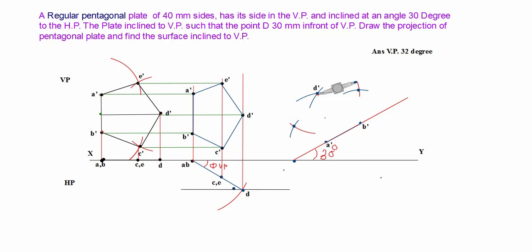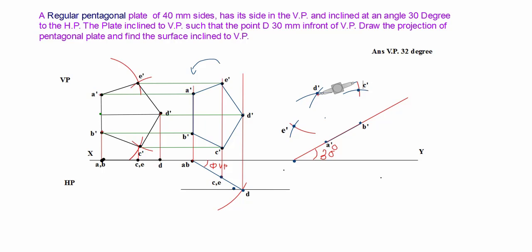Now you have to take the rotation of this pentagon. When we go for arranging, it is going in this direction of rotation, and you can make your A dash B dash inclined. So your E dash point is exactly here. So I write E dash, and my C dash point is here.